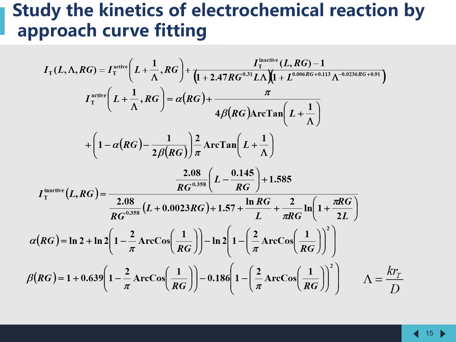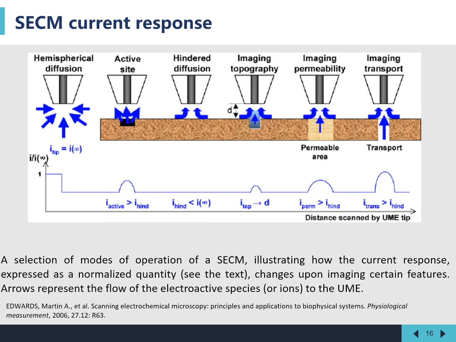You just put in the parameters and then the activity of the sample surface in positive feedback mode or negative feedback mode can be obtained. The probe of SECM is very sensitive to the microenvironment.